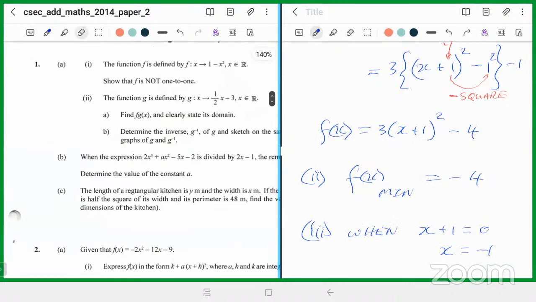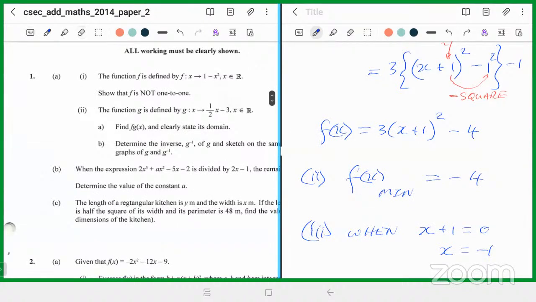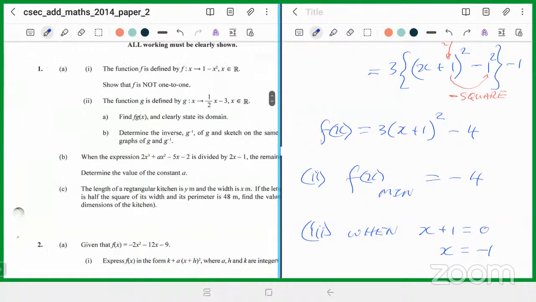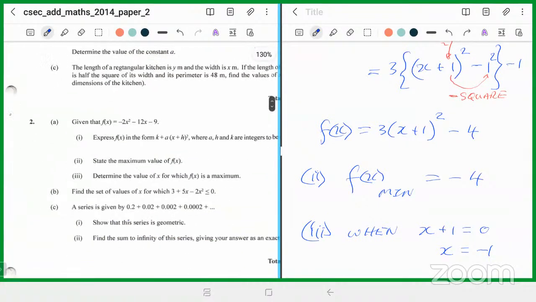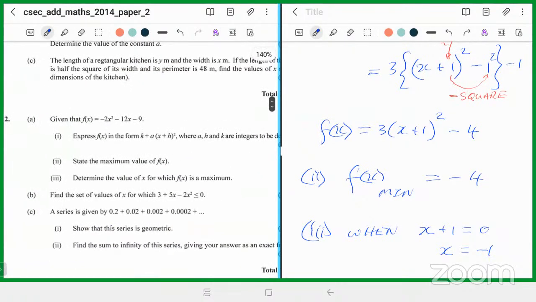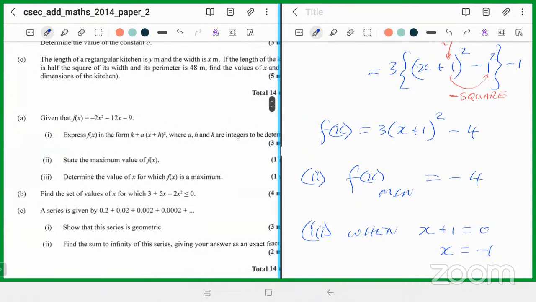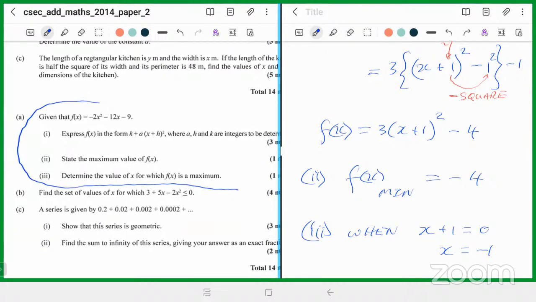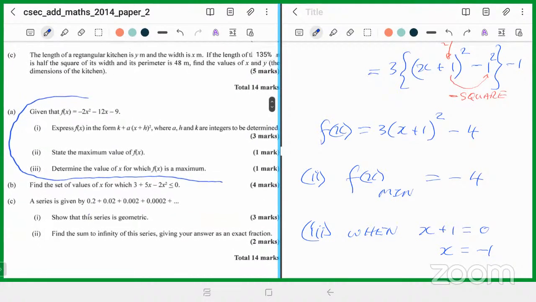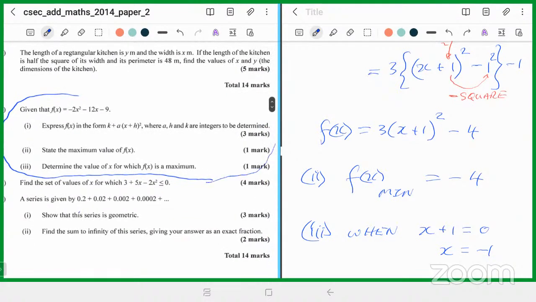All right, so here is really a functions question, which is not on the syllabus anymore. All of this part is not on the syllabus anymore. That's the polynomial. Quadratics is right here in number 2. It's basically the same thing, guys. Once you do past papers in Advanced, you're good to go. Advanced is easier than CSEC maths, and I tell people all the time, and they don't believe me.